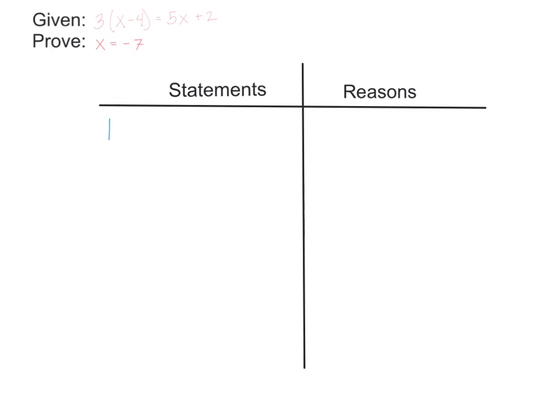So, number one. 3 times x minus 4 equals 5x plus 2. And that is my given.